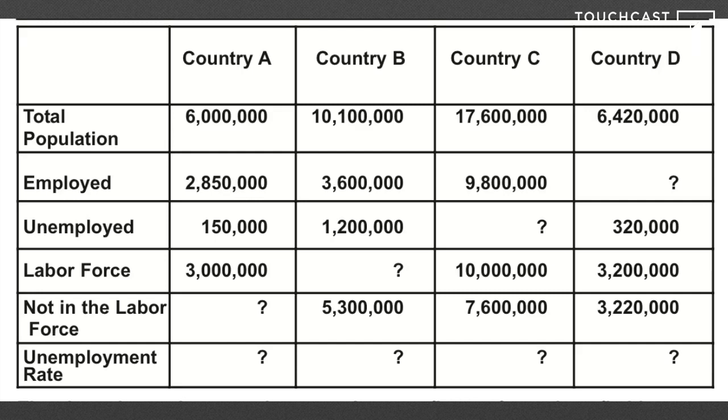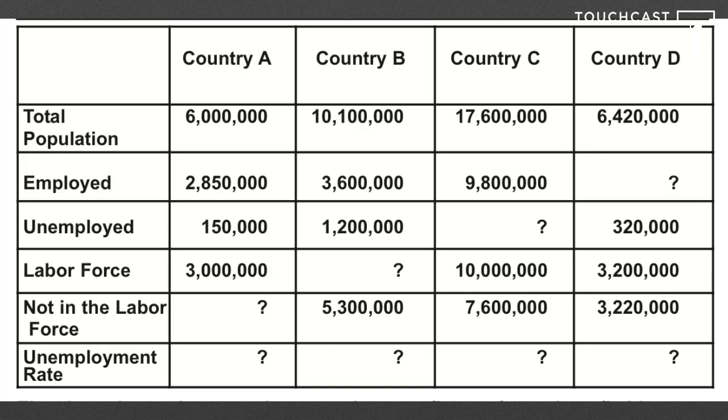We know that there's 6 million people in the population, and then 3 million of those people are in the labor force. We know that because it tells us that 3 million are in the labor force, but we also know it because we see that there are 2.85 million employed and then 150,000 unemployed. You add those together, that gives us our labor force, which would equal 3 million.